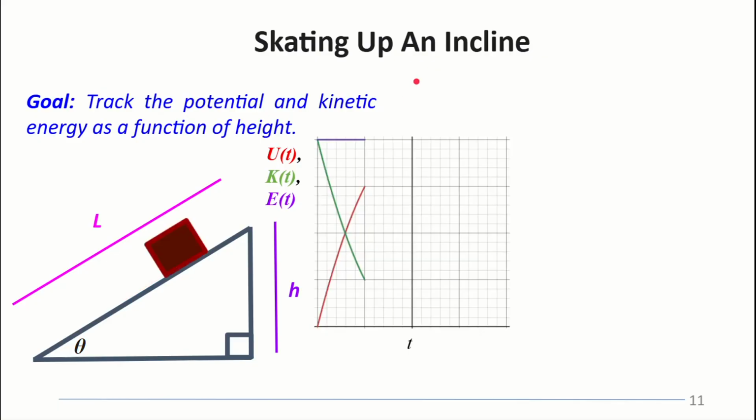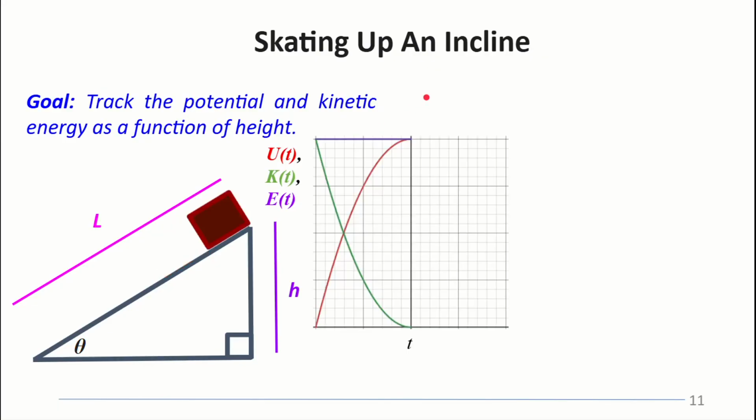Keep going. Our potential energy increases, kinetic energy decreases, and by the way, total mechanical energy remains the same. And we reach the top, and this is what we get: our potential energy is maximized, and our kinetic energy is minimized down here.